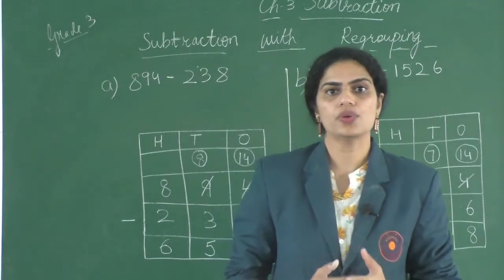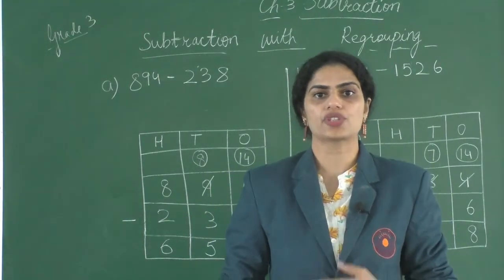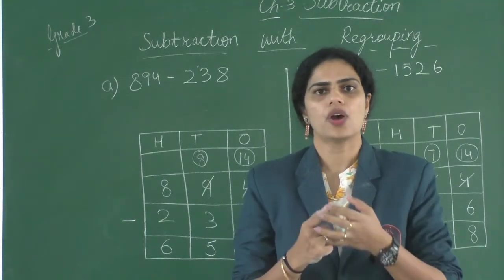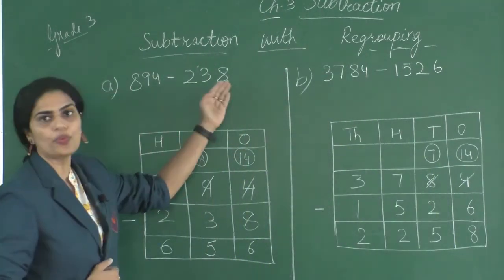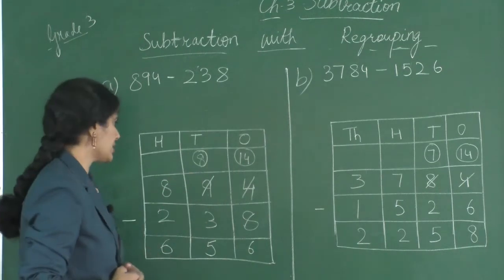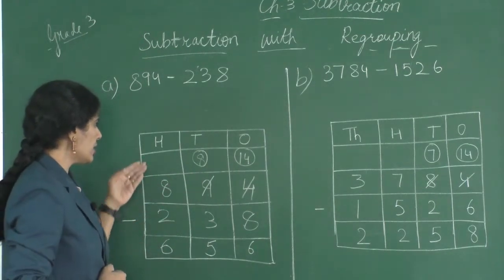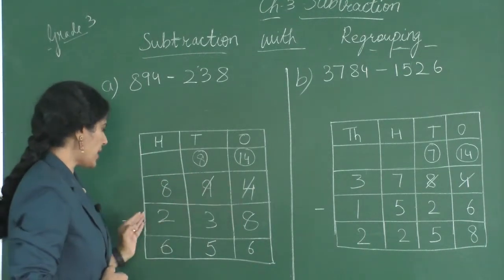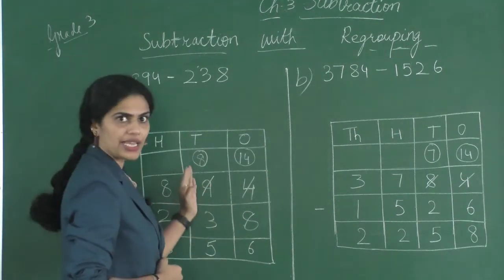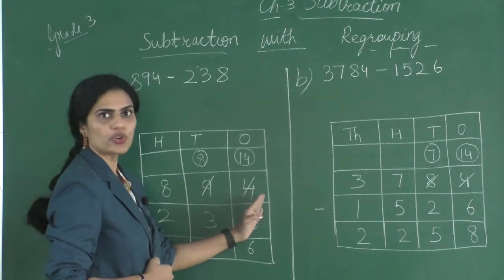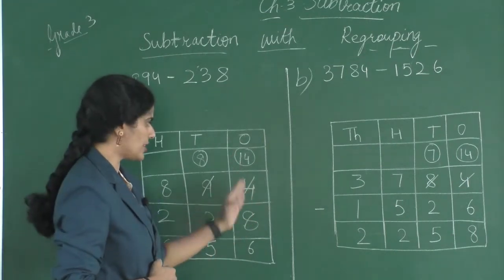Okay students, now let's see an example of subtraction with regrouping of 3-digit and 4-digit numbers. 894 minus 238. So here we will be writing 894 minus 238. We will be borrowing from the tens place because 4 is a smaller number in the ones place.